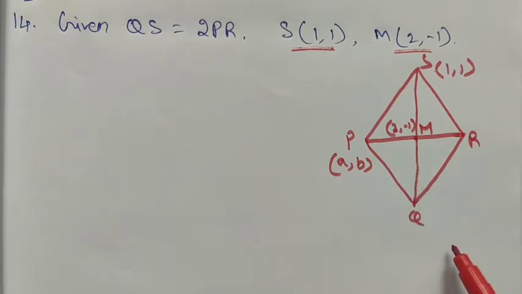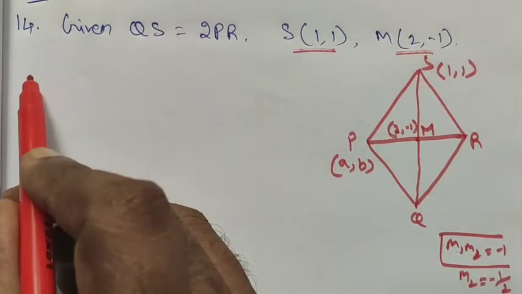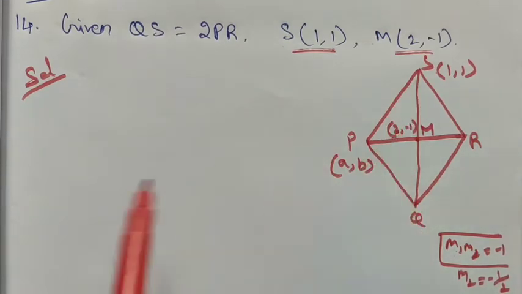Perpendicular conditions mean m1 times m2 is equal to -1. If you find one slope m1, then m2 is equal to -1/m1, the negative reciprocal of the slope.